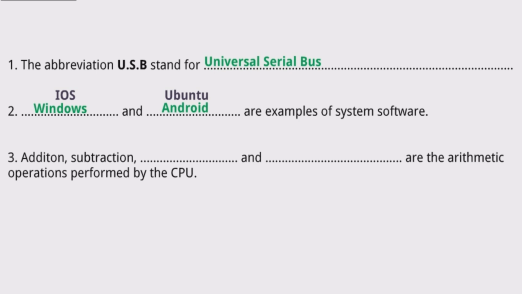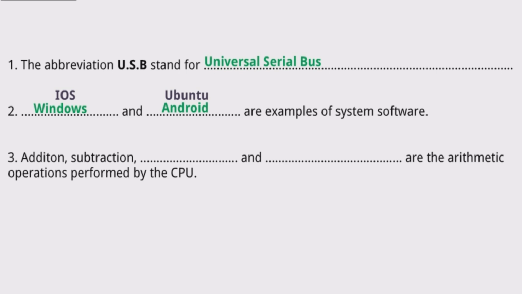Question 3 is addition, subtraction, dash, and dash are the arithmetic operation performed by the CPU.